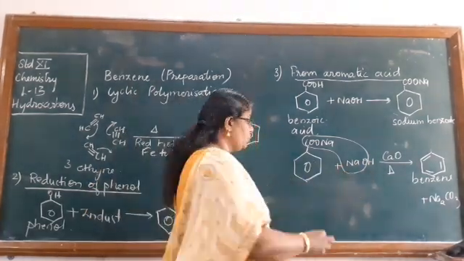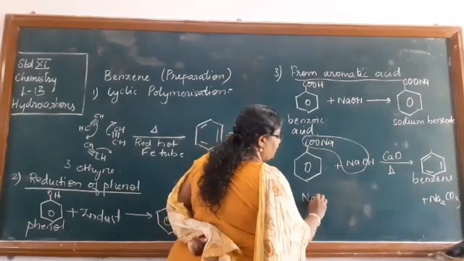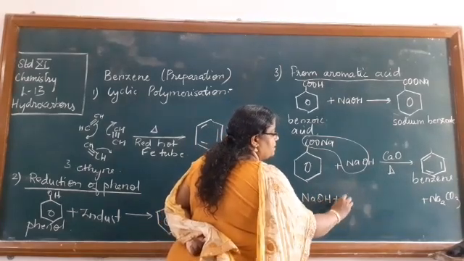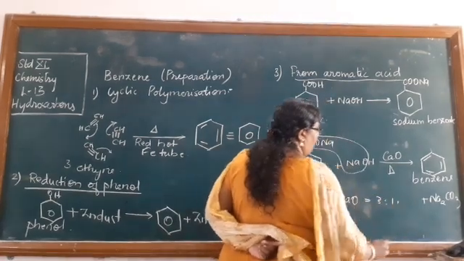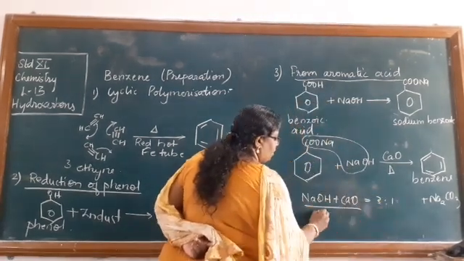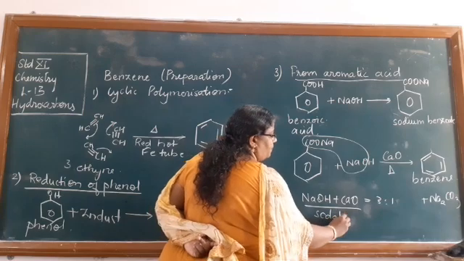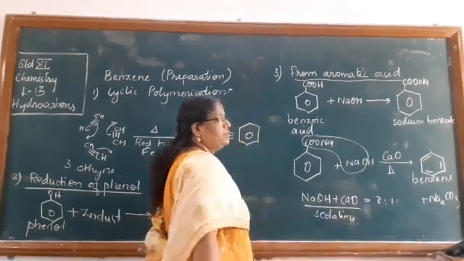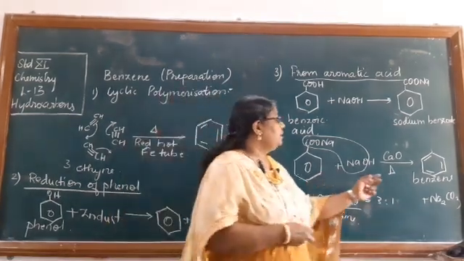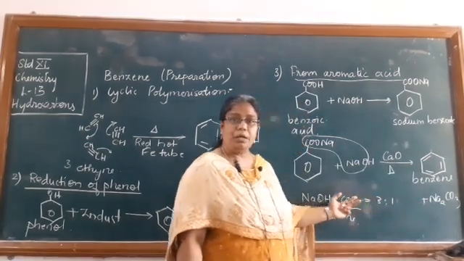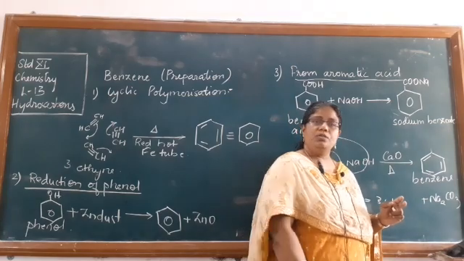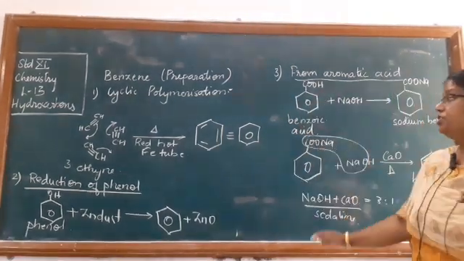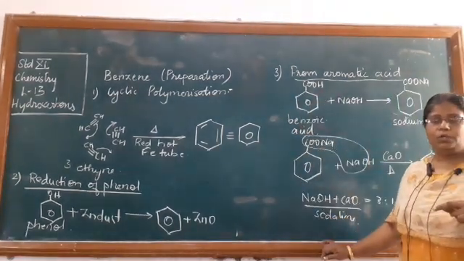Soda lime is a mixture of NaOH plus CaO, taken in the ratio of 3:1. Treating it with soda lime, the removal of Na2CO3, sodium carbonate, takes place and you get the benzene ring. So these are the three methods for the preparation of benzene. You can note this down.